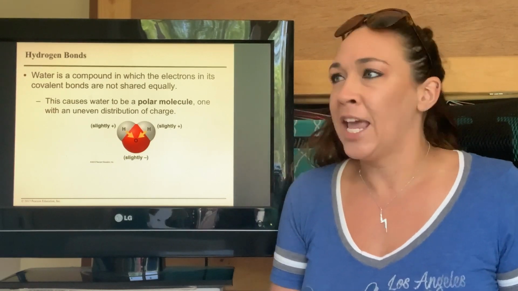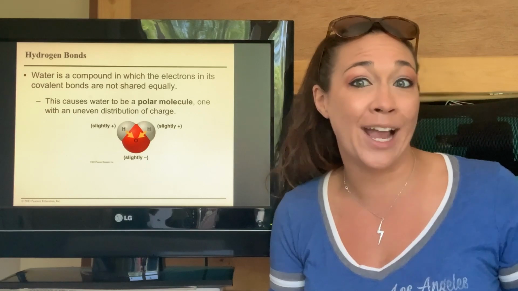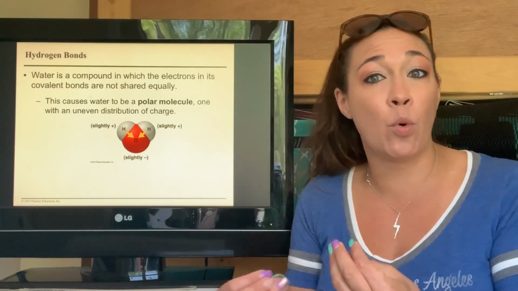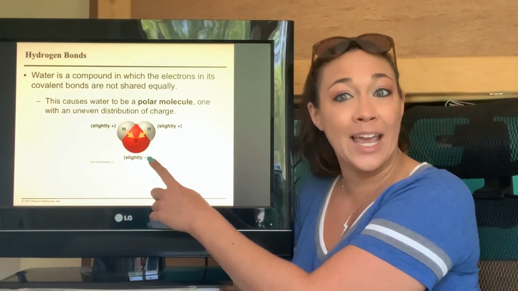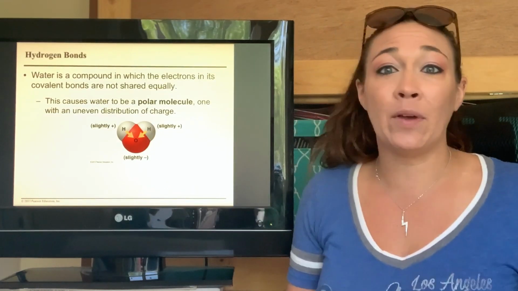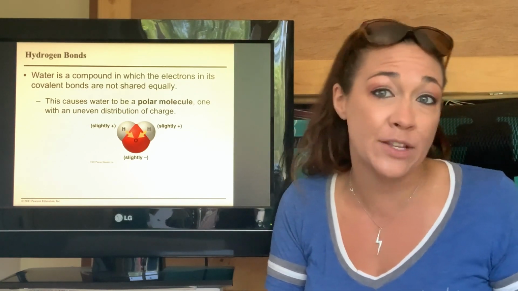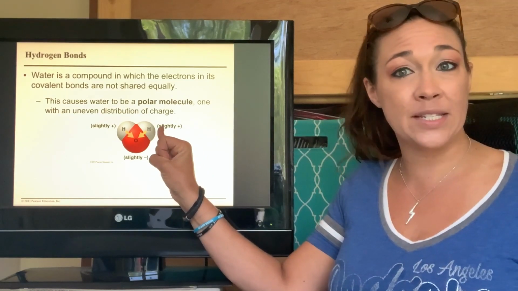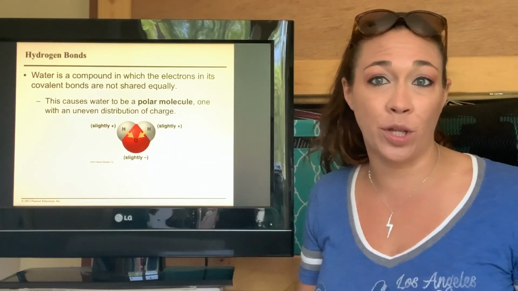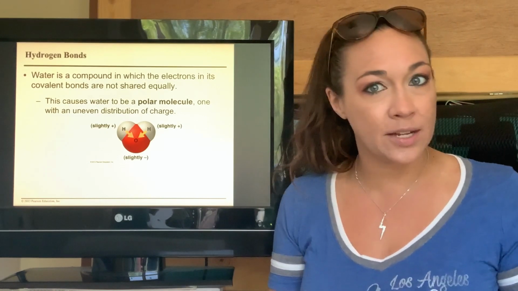So in this case, if you're pulling in more electrons, remember that electrons have a negative charge. So now you have more negatives than positives, which is going to make this end slightly negative. Now, if you're down some negatives, right, you don't have as many negatives as you should, then you're going to be slightly positive. And that's exactly what we can see right here with the two hydrogen atoms. They are considered slightly positive.